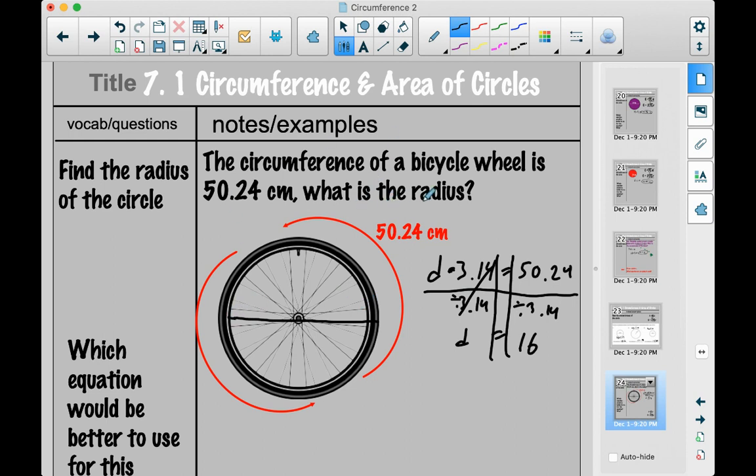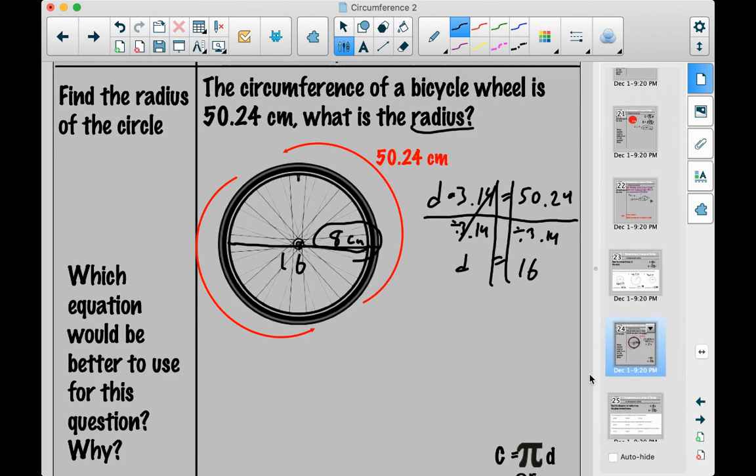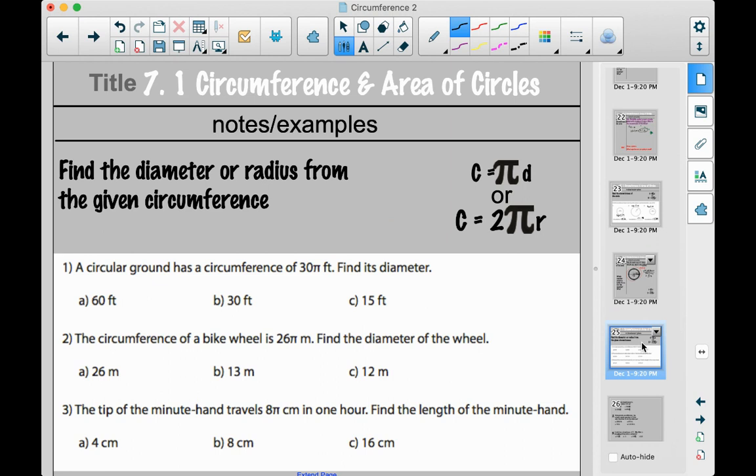No, that's not asking for the diameter, it's asking for the radius. But if I know the diameter, remember the radius is just half of that. So if the diameter is 16, that means the radius is 8. And this has been measured in centimeters. So 8 centimeters is my radius. So you can use that equation solving stuff to work backwards to solve some of those questions.